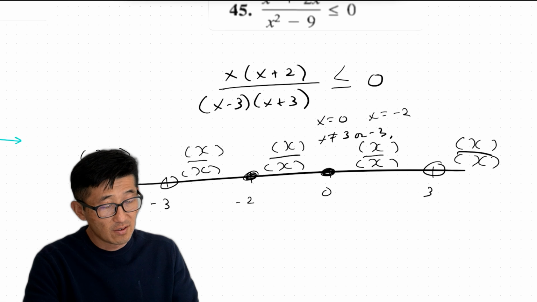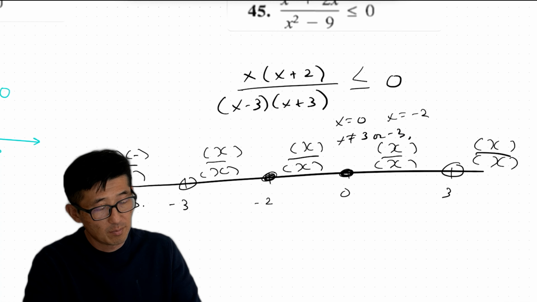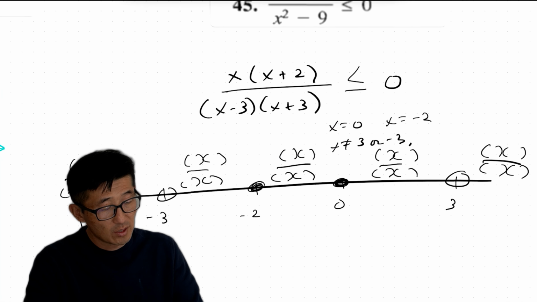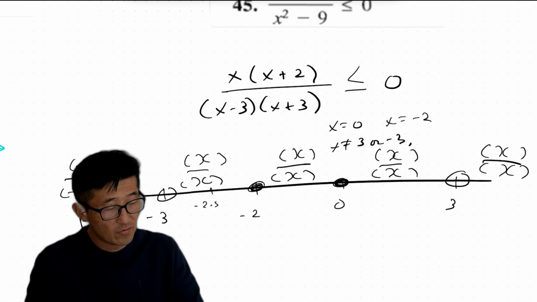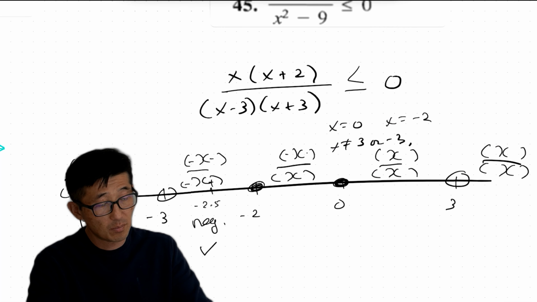Okay, if I plug in the -4, we get negative, negative, negative, negative, which will become positive. And if I plug in a negative 2.5, it will be negative, negative, negative, and positive, that will become positive over negative, negative. Yes, we want that one. If I plug in a -1, you get negative, positive, negative, and positive.